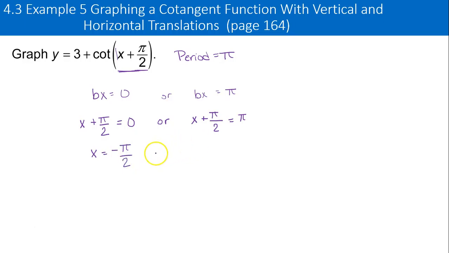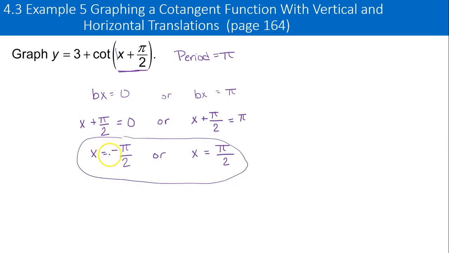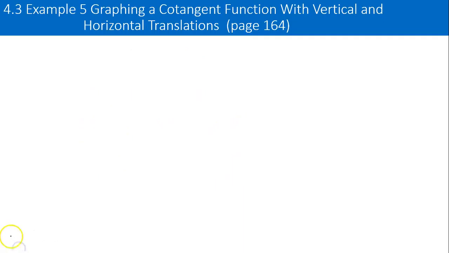And then for the other one, if we subtract pi over 2 from both sides, we get pi over 2. Okay, so now these are two vertical asymptotes that we are going to plot on our graph. I'm going to do that on the next page.